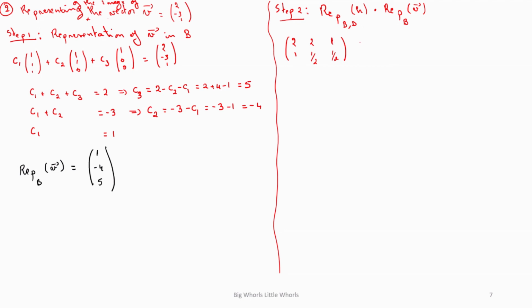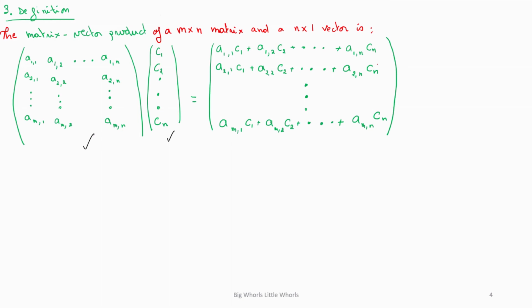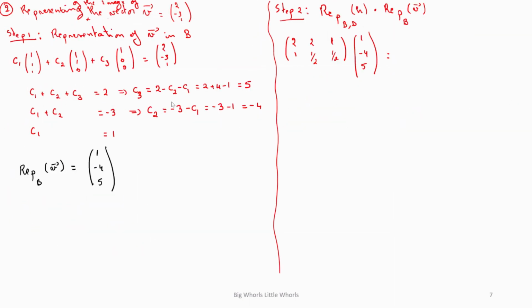So we are going to multiply that matrix by the vector 1, minus 4, and 5, and we will see the image of V. So how do we do matrix vector product? If you recall from the lecture, matrix vector product, we take the row of the matrix dot multiply by the column of the vector.